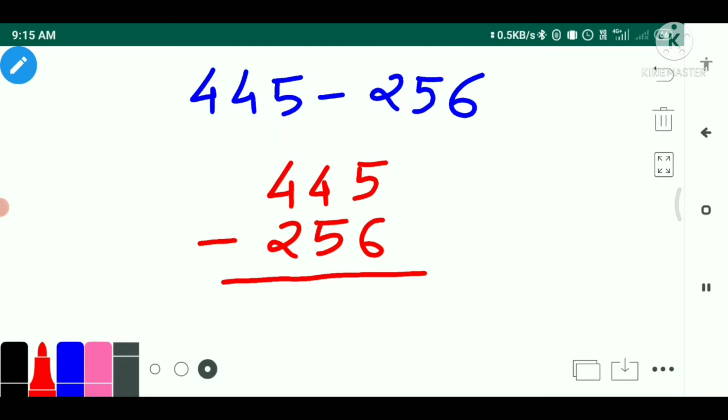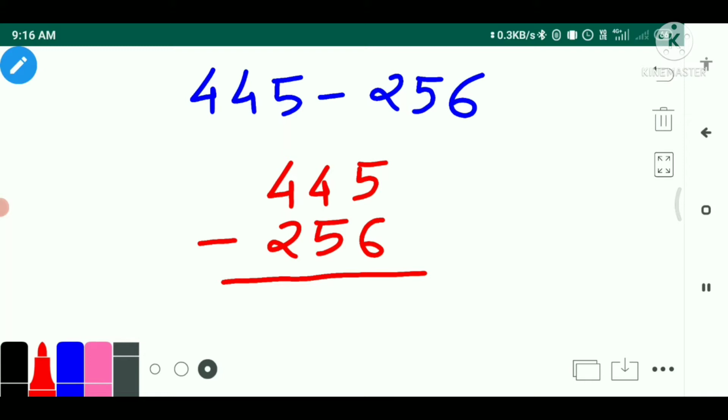So see, in ones place 5 is there and below 5, 6 is there. So 5 lines are there and we have to cut 6 lines. Is it possible to cut 6 lines from 5? No, right? So it will borrow one from the tens place.